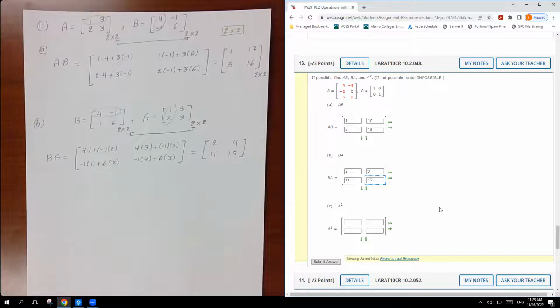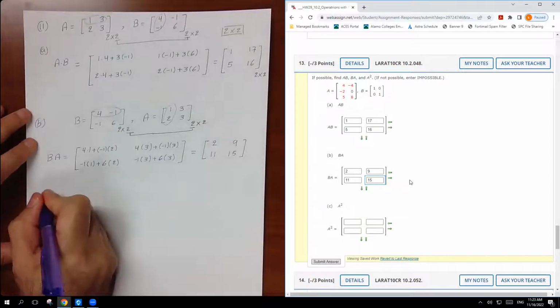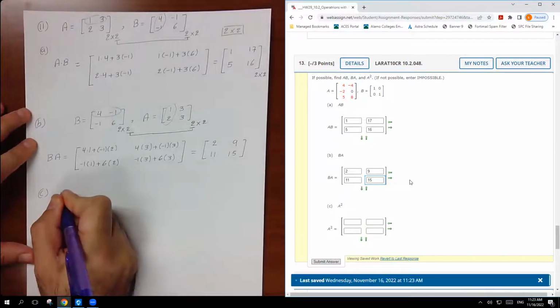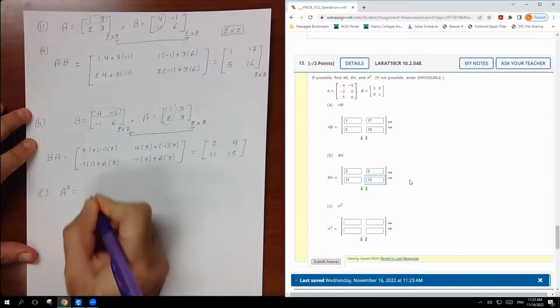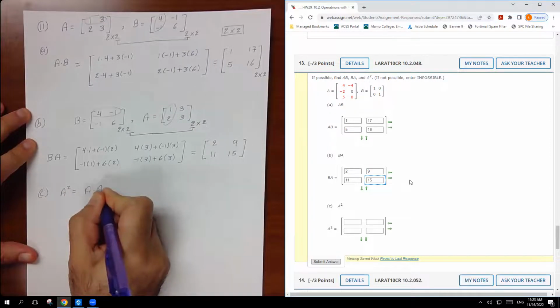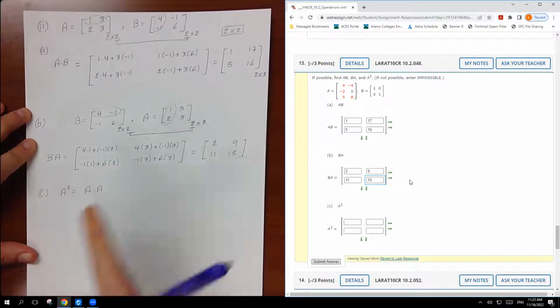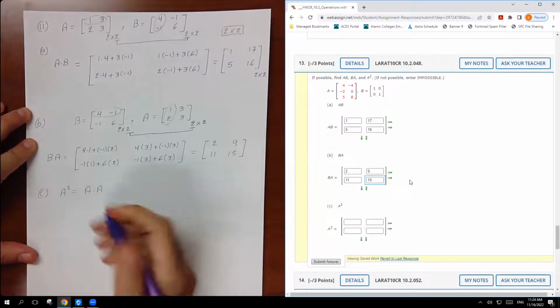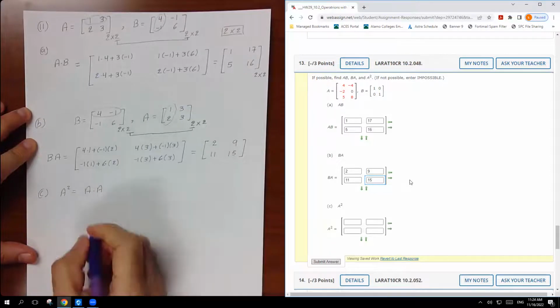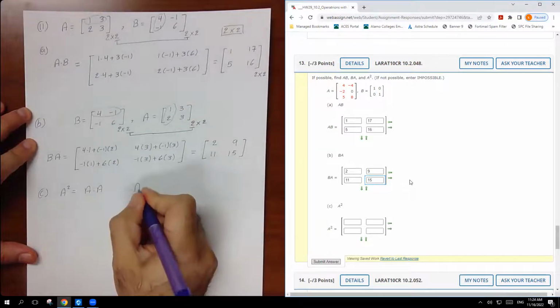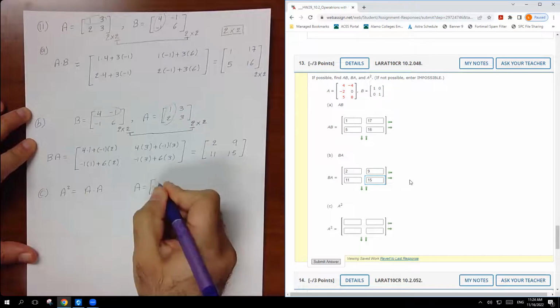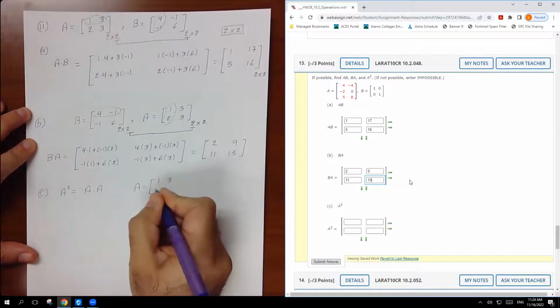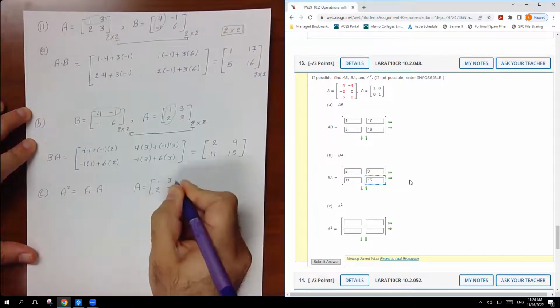The next one, we need to check A squared. A squared, it means A times A. You're going to multiply the matrix times itself, and you can do the multiplication. Also, you can check the dimension if you can do the multiplication or no. I'm going to write down the matrix A here. 1, 3, 2, 3.